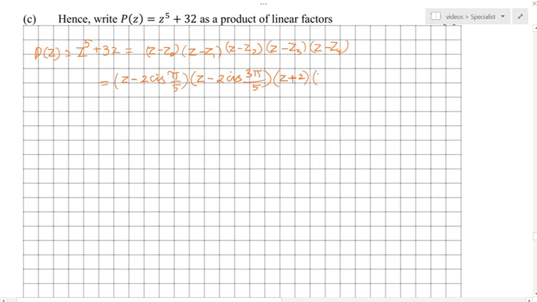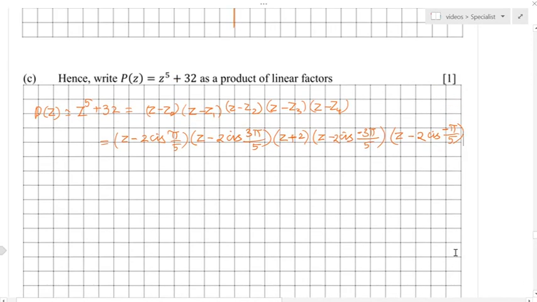And z minus z3 is equal to z minus 2 cis minus 3 pi over 5, and the last root is z minus, sorry, I missed a 2 here, z minus 2 cis minus pi over 5. And these are the 5 factors, and these 5 factors basically follow from the 5 roots of the equation.